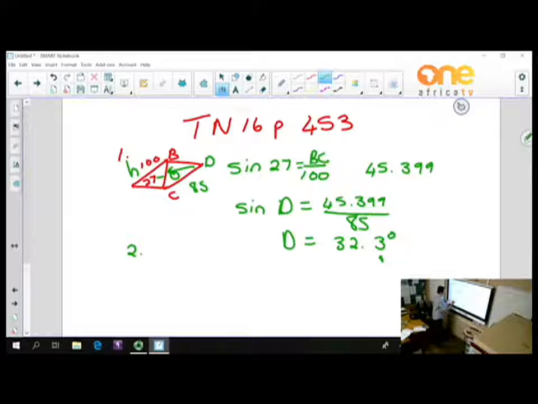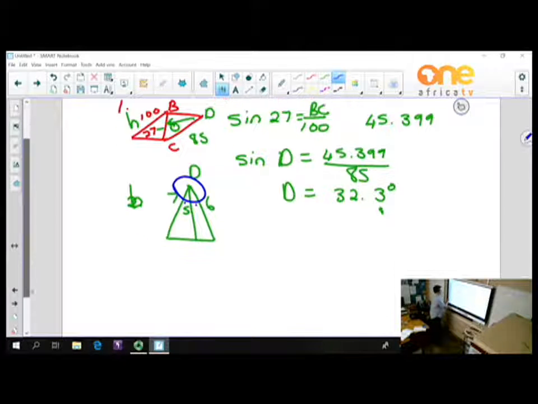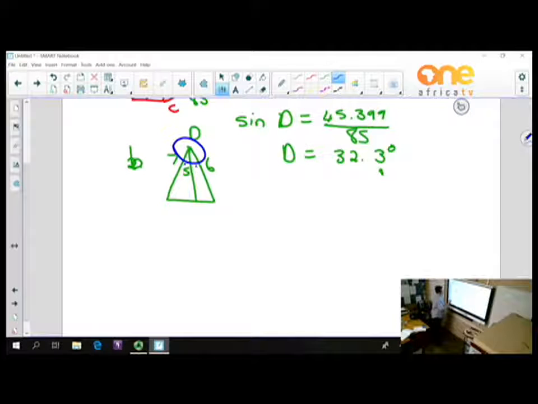Right, the next one, this is actually number B now. Again, every time here we have 2 right angle triangles, 5, 7, 6. So we have to find D, and D is actually this whole angle there. But we'll have to find separately those 2 angles. So the question is, which function are we going to use?